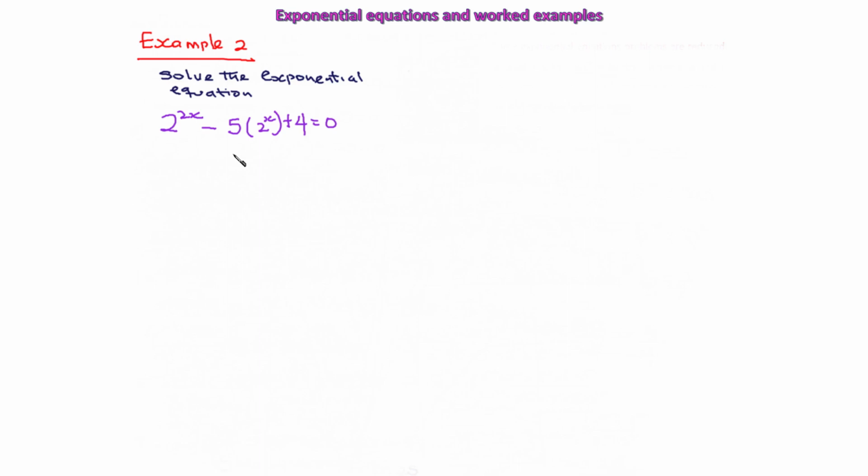Here is example 2. 2 raised to power 2x minus 5, open bracket, 2 raised to power x, close bracket, plus 4 is equal to 0. Now, we'll still use the other method, the other process we did. We still use that same process. Now, let's continue.